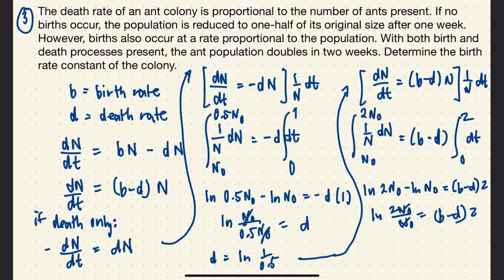We know the value of D, we have 2, so what will happen is ln of 2 divided by 2, then plus D is equal to B. So you can solve for B. So this becomes your B is 1.04 per week.